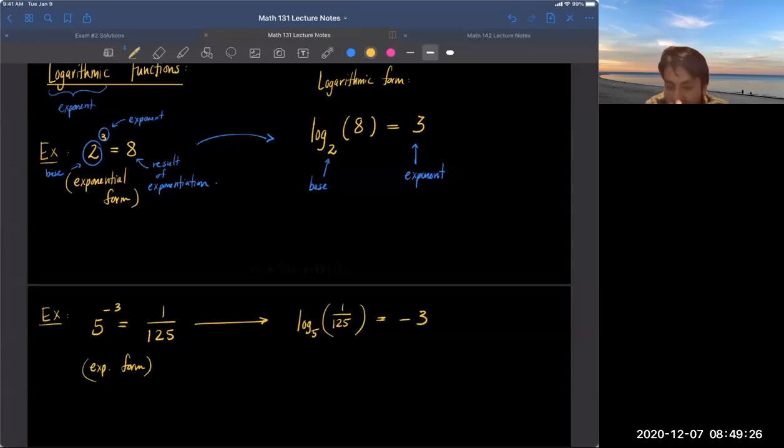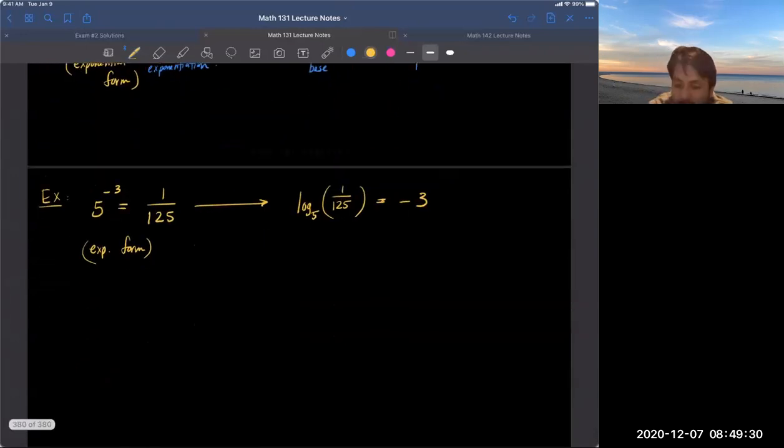So in a way, you can think of it as switching the x and the y. In general, if you have y equal to b to the x power, I can rewrite this as x equal to log base b of y.